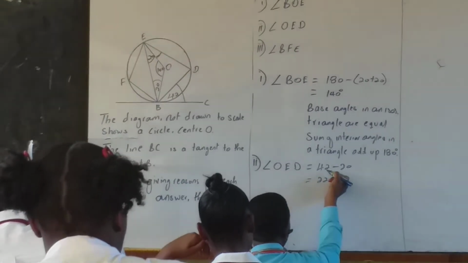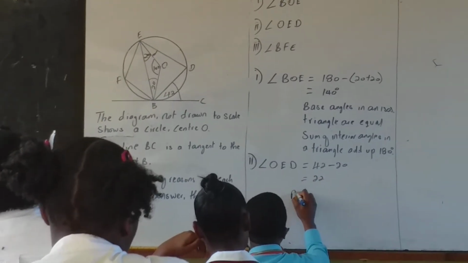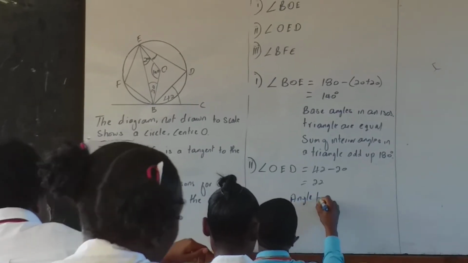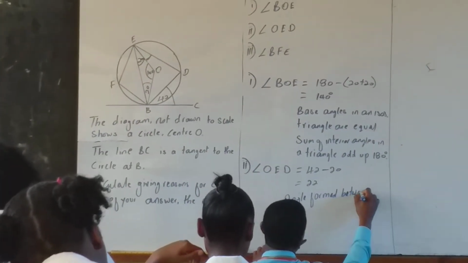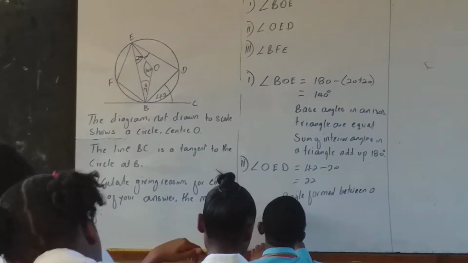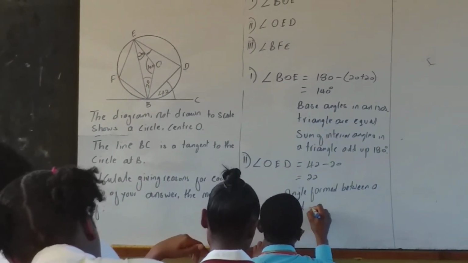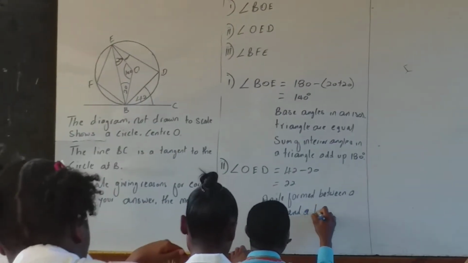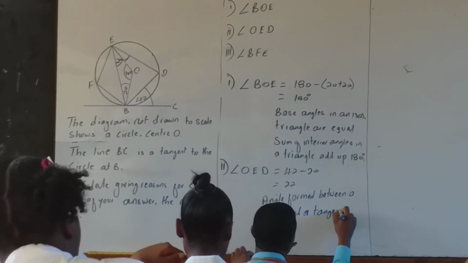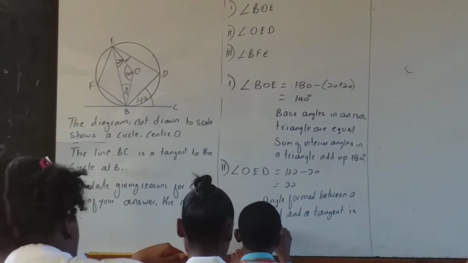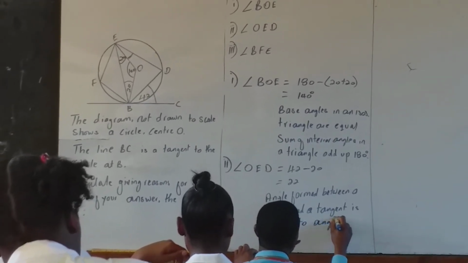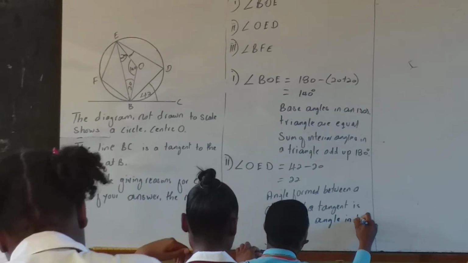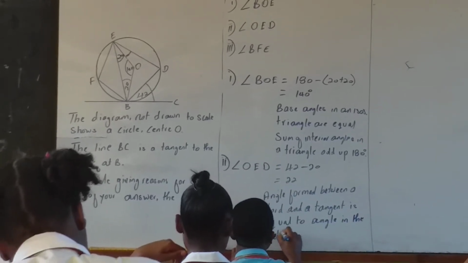My reason is: angle formed between a chord and a tangent is equal to angle in the alternate segment.